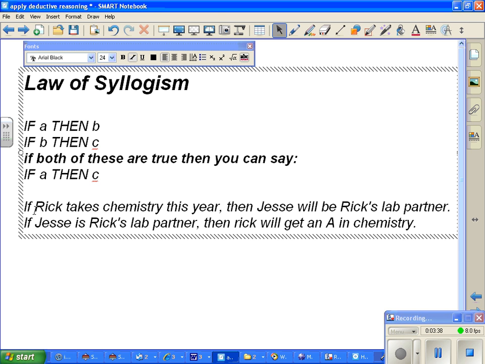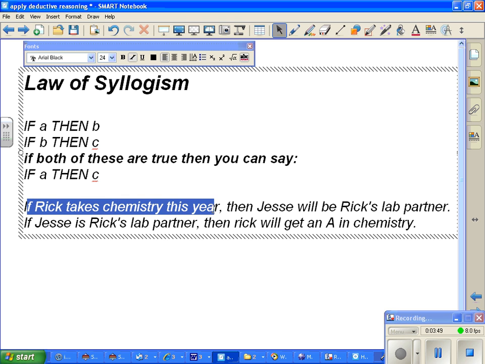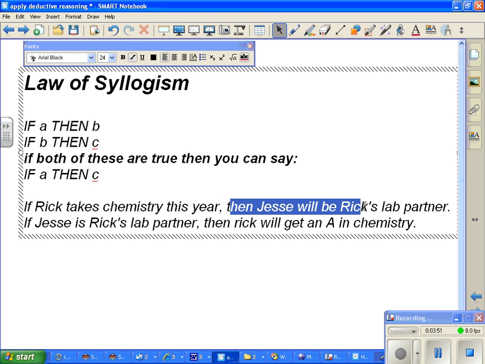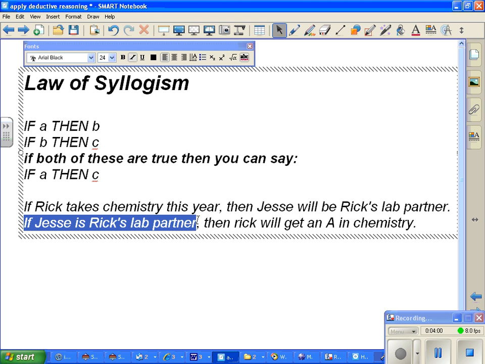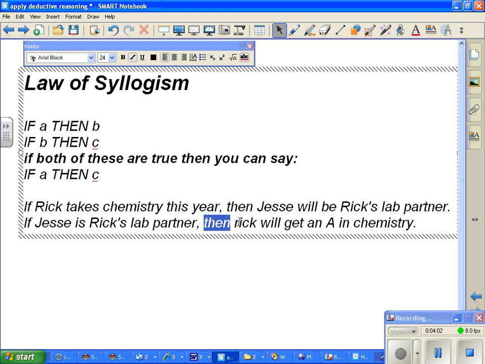If Rick takes chemistry this year, then Jesse will be Rick's lab partner. If-then, and it's true.